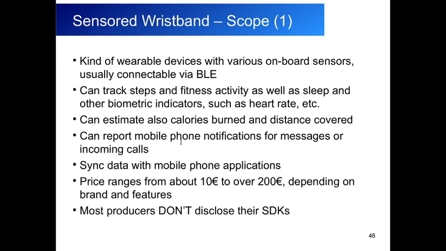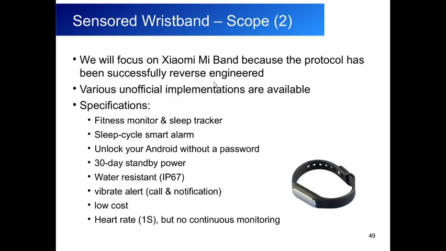But the main problem here is that most producers do not disclose their SDKs. We are focusing on the Xiaomi Mi Band because the protocol was reverse engineered some years ago, and so there are various applications that you can find over the internet to see how to use it.